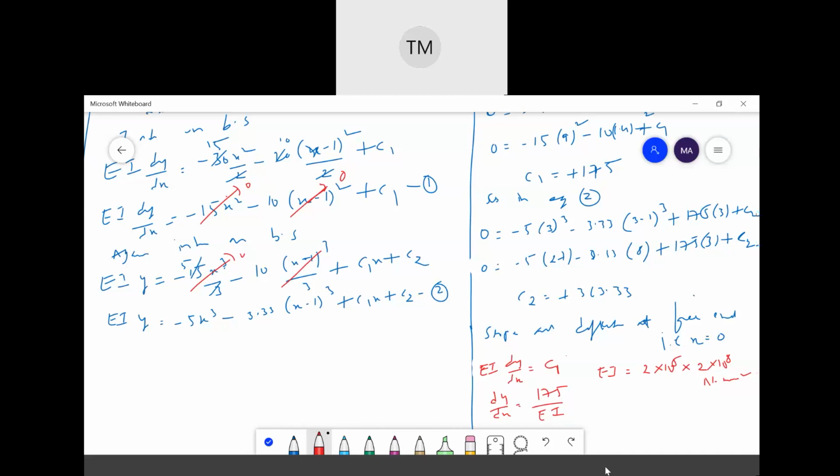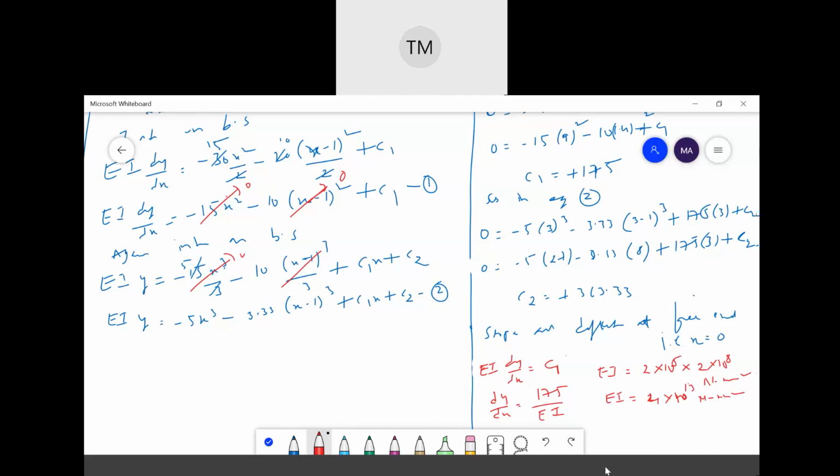When you convert into meter square, what happens? 10 power minus 3 whole square is 10 power minus 6. The total value of EI is 4 into 10 power 13 Newton mm square.